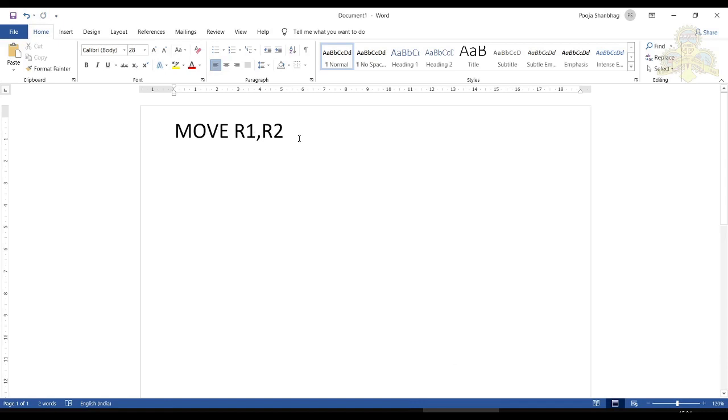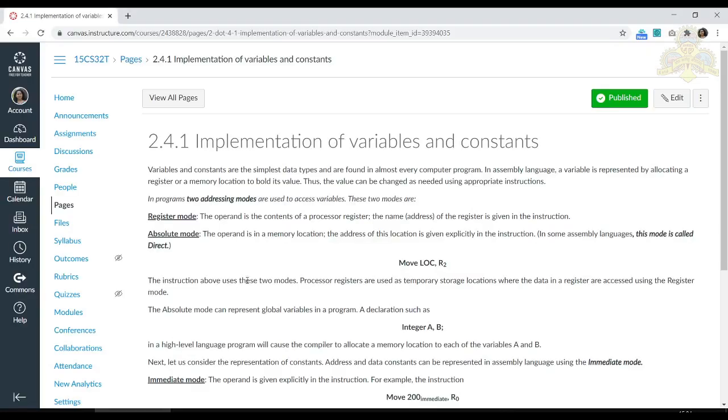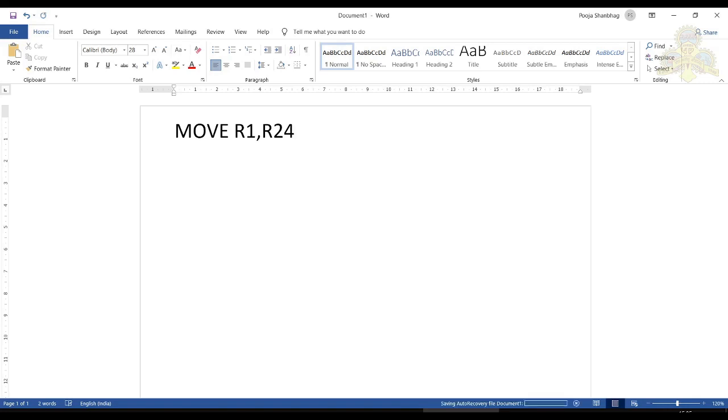These R1 and R2 are your processor registers. So this is an example of register mode. This move R1, R2 states that the contents of the register R1 should be moved to R2.